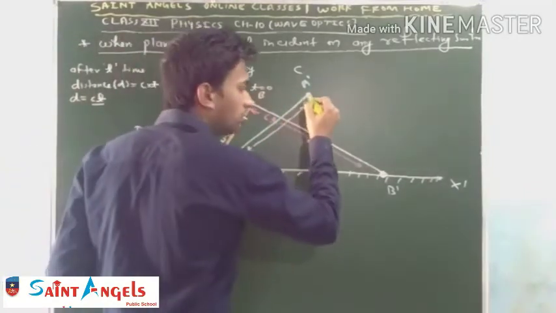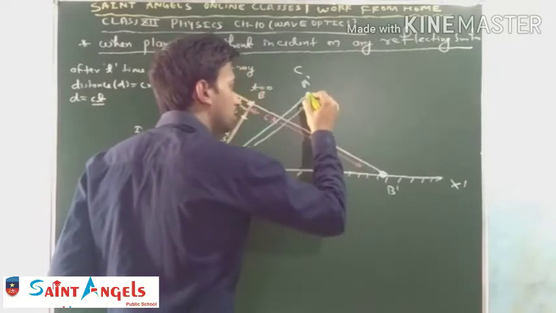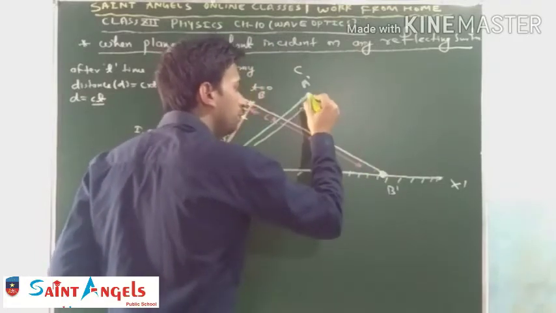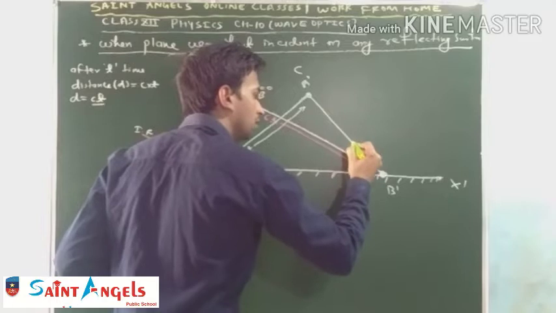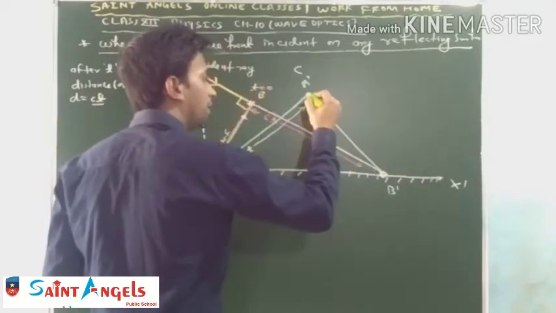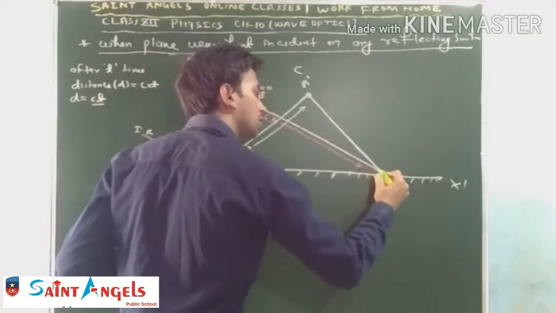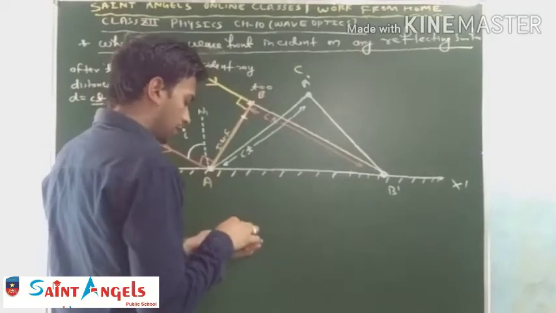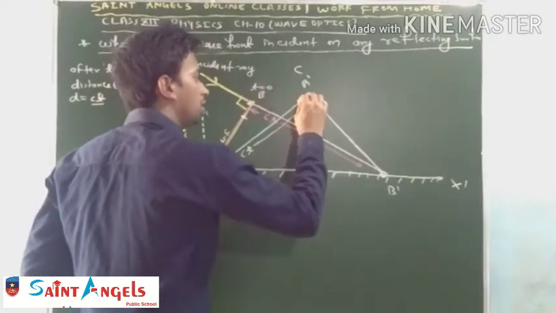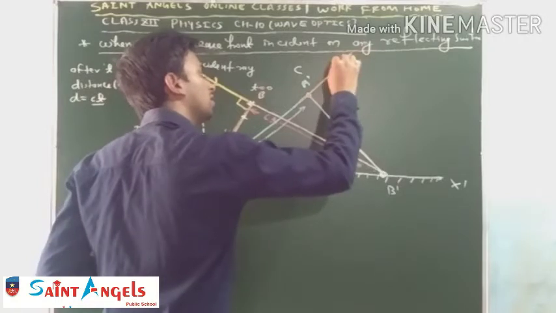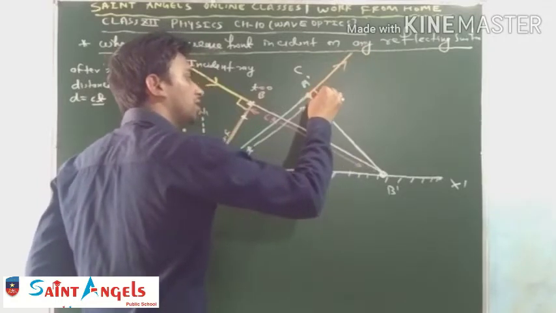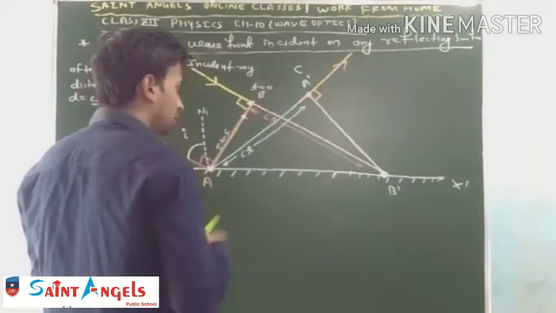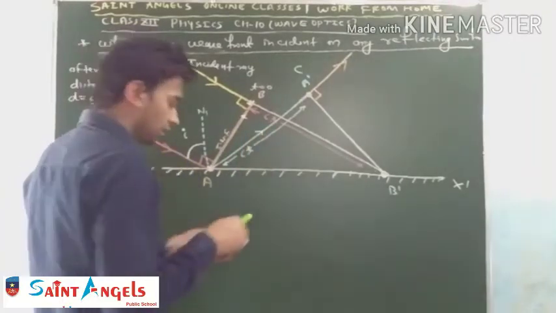Now if we draw the line joining A dash and B dash, we obtain the reflected wavefront. This is a reflected ray, and perpendicular to that is the reflected wavefront.